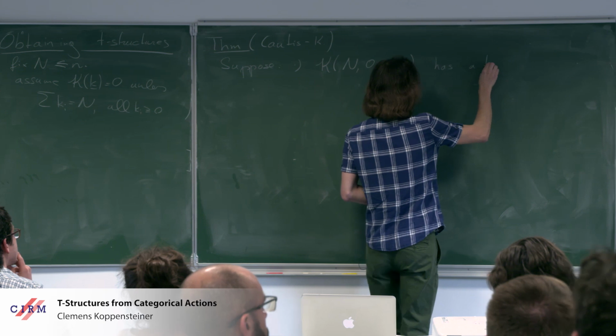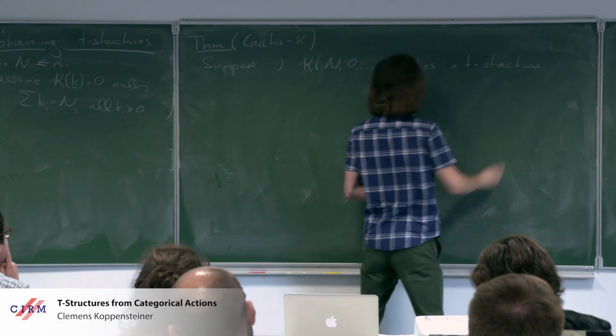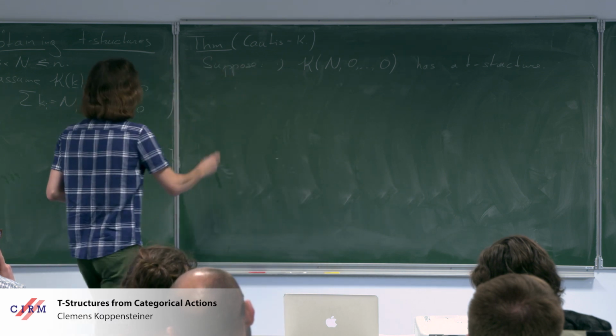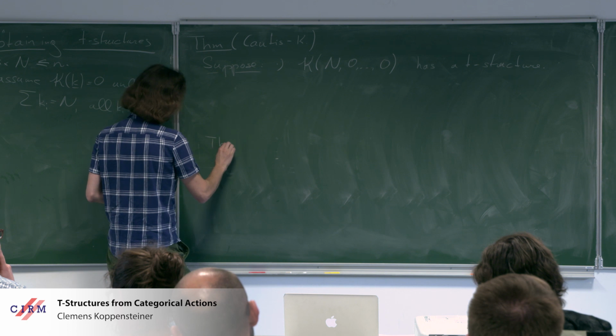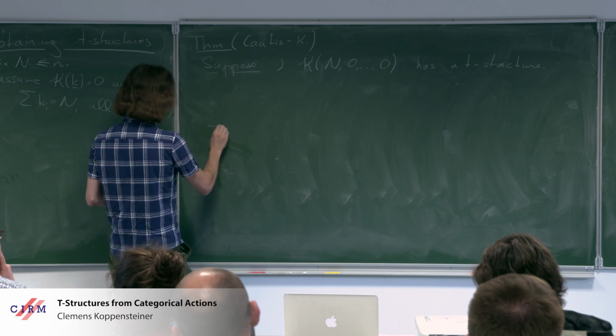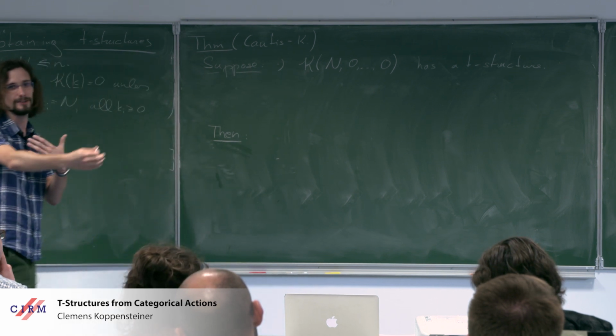Here's a T structure. And what we want to get from this is we want a T structure on all the other categories.